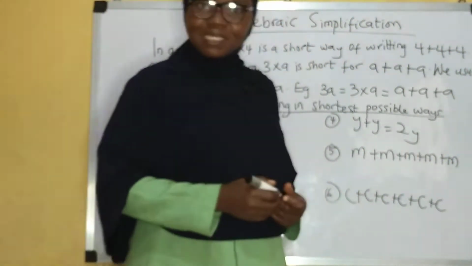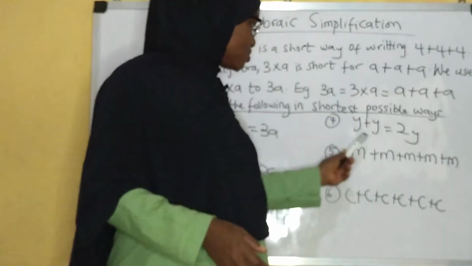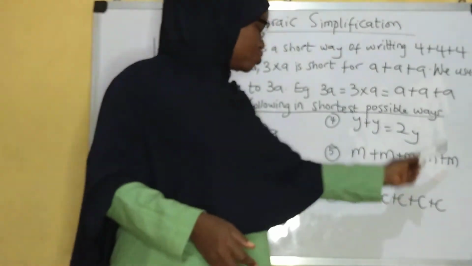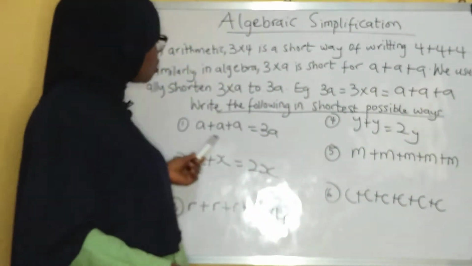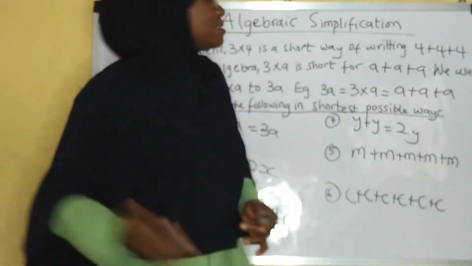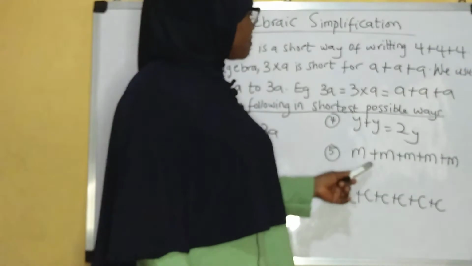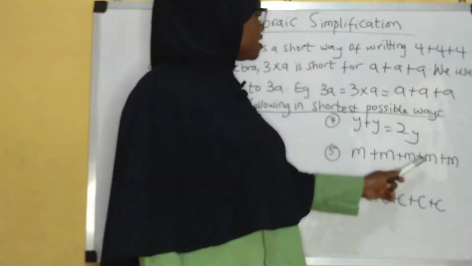Now, don't be surprised that they are so easy. They are easy for us to just add and write because they are the same terms. All through y, all through m, all through c, all through r, all through x, and all through a. So just add them together because they are the same letters. Now, this one I have m plus m plus m. How many m's do I have there? 1, 2, 3, 4, 5.